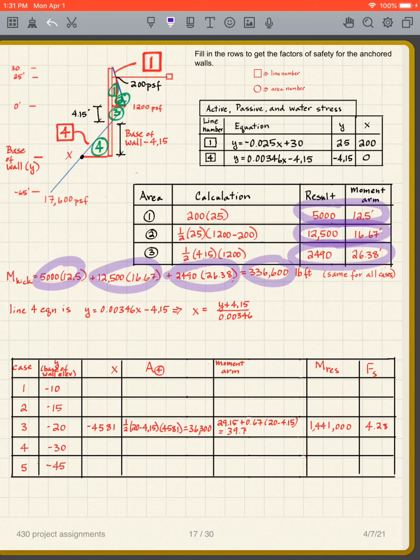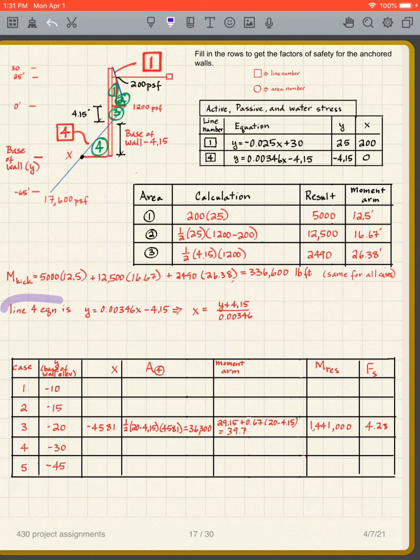That works out to be 336,600 pound-feet. And like I say, that's going to be the same for all cases. So we can just use that number as the kick out. We need to find the resistance here. So how do we get that resistance?